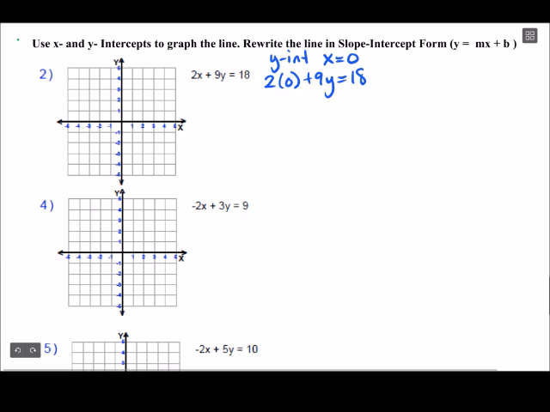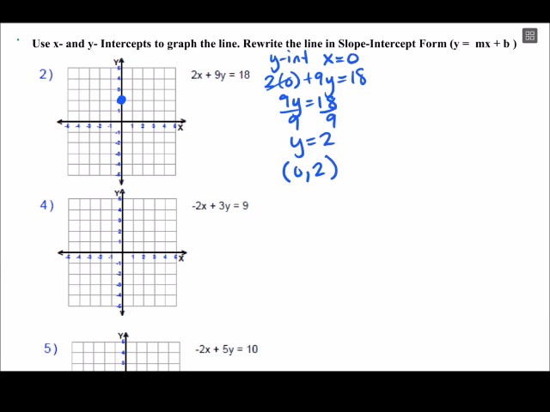That goes away, and I'm left with 9y equals 18. Simply solve for y equals 2. So I now have an x value and a y value. X is 0, y is 2. When x is 0, y equals 2. I can now go plot that over 0 up 2.